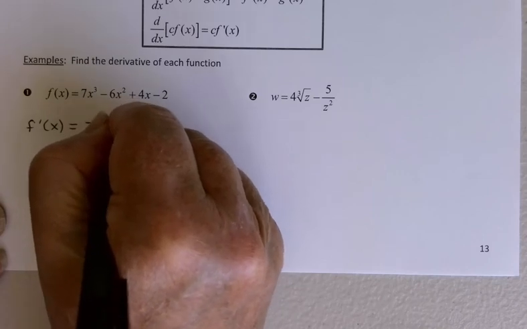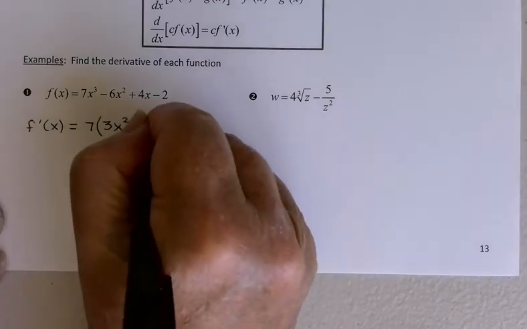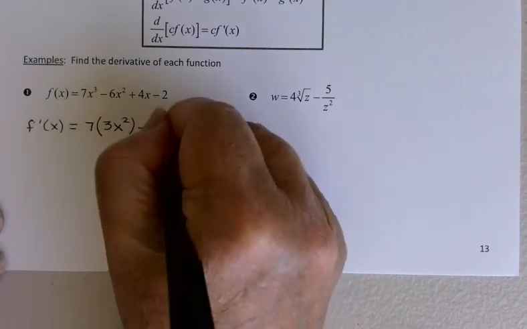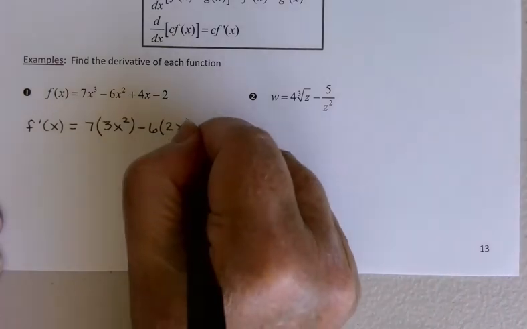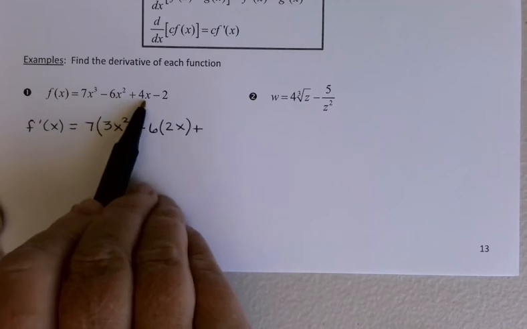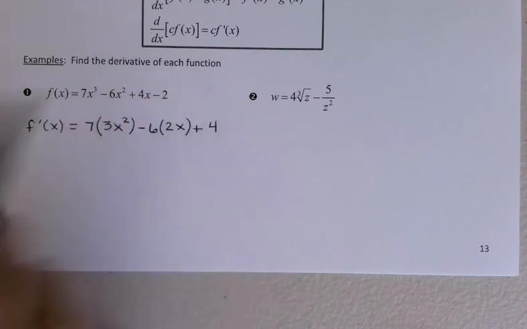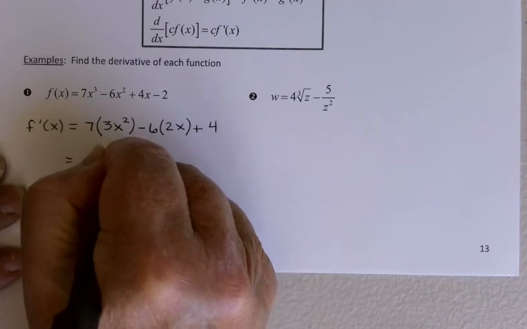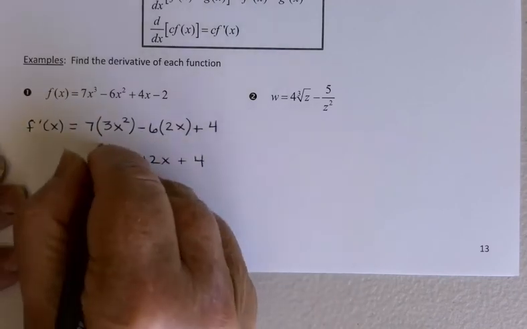I can use my power rule, 3 times x squared, minus constant multiplier of 6 times the derivative of x squared, 2x to the first, plus, that's just a linear term, slope would be 4, so the derivative is 4, and the derivative of a constant term is 0. So I end up getting 21x squared minus 12x plus 4.